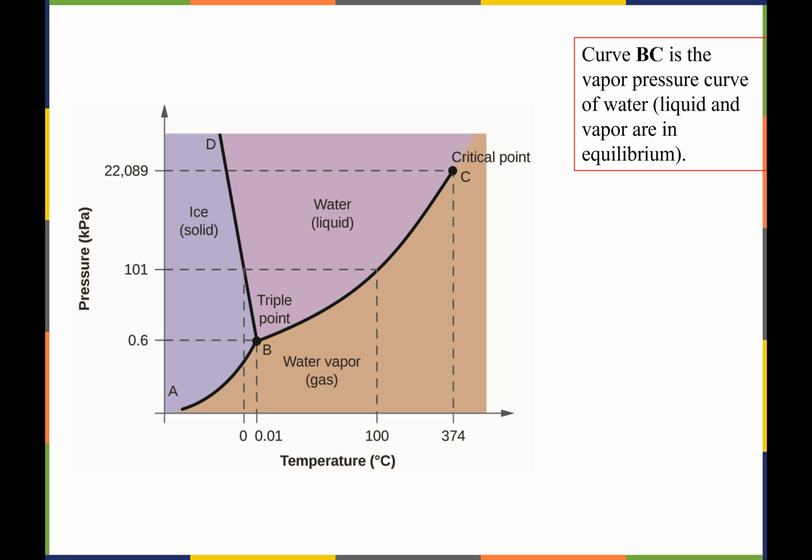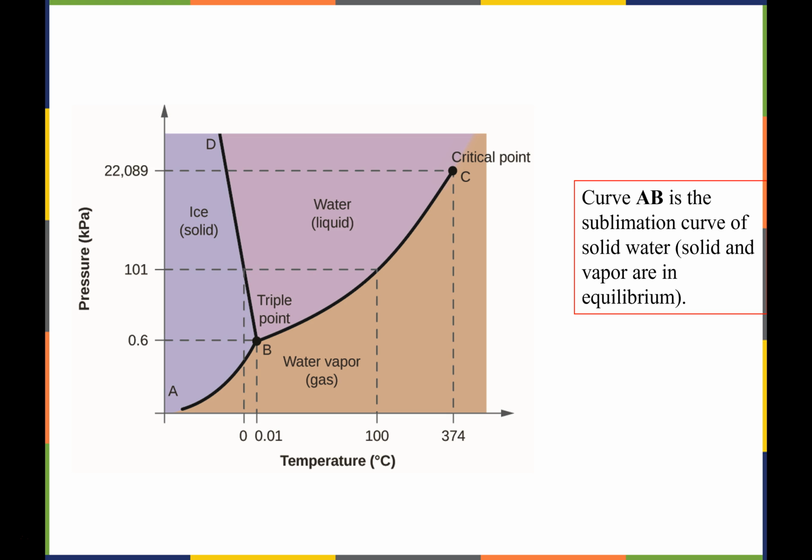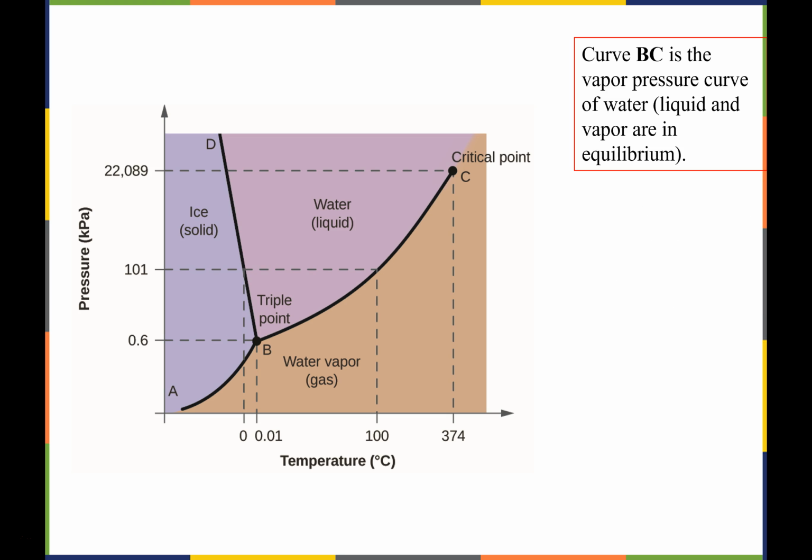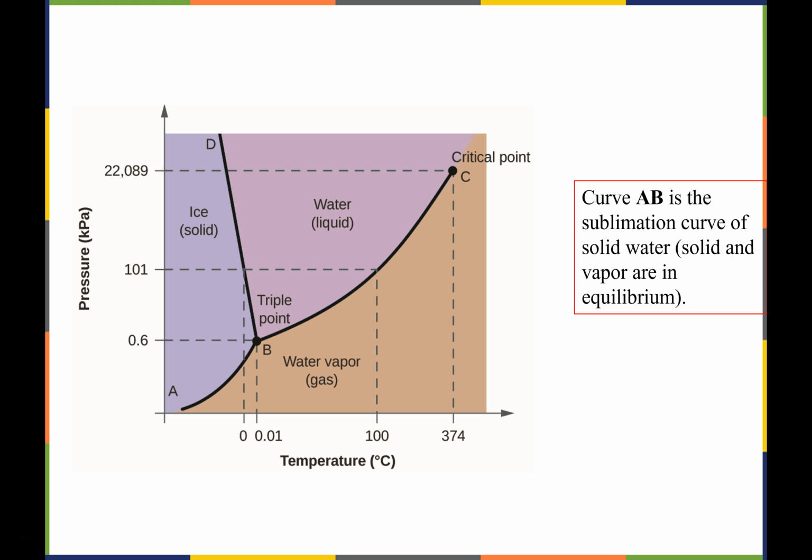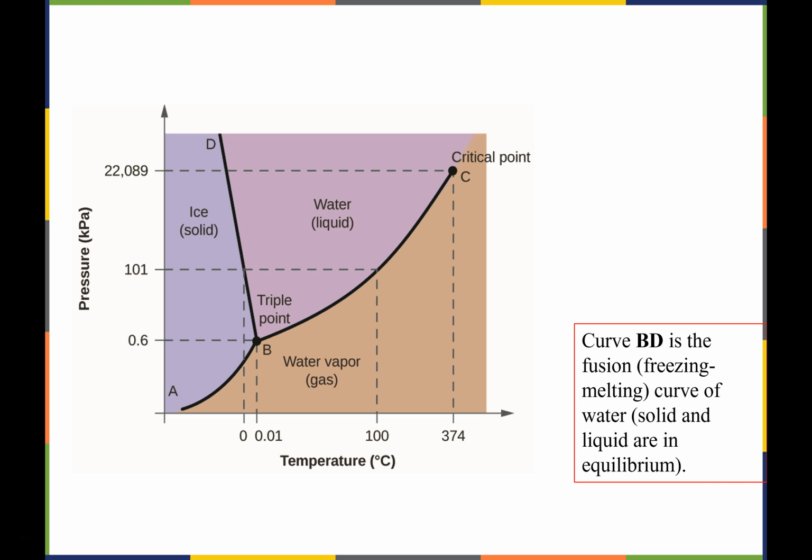That segment right there, as it's marked from B to C, that is the vapor pressure curve for that substance. So the segment is the equilibrium between the two phases. Yes, it's the equilibrium between the two phases. Yep, exactly. So let's find A to B. A to B, that was where we have the sublimation and deposition. So that is actually equilibrium between the vapor or gas and solid. If we find segment B to D, you're looking at equilibrium between solid and liquid.